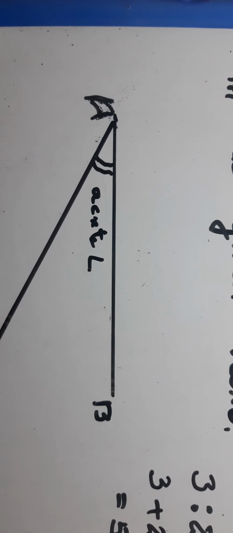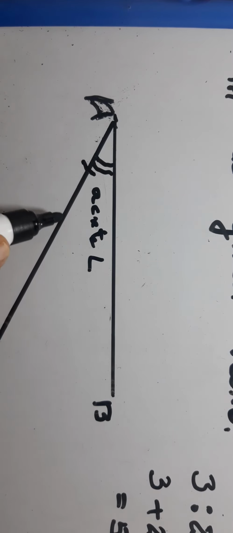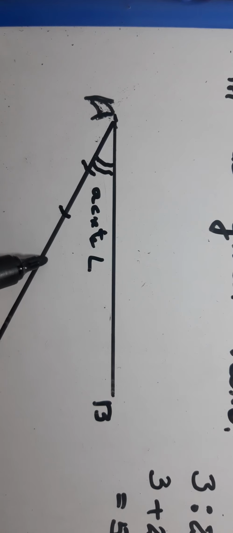Now take your compass, take a particular radius and go on drawing arcs here. 5 arcs, 1, 2, at equal distance, because you are using the same radius for the arcs. You are going to cut the acute angle's ray into 5 parts.